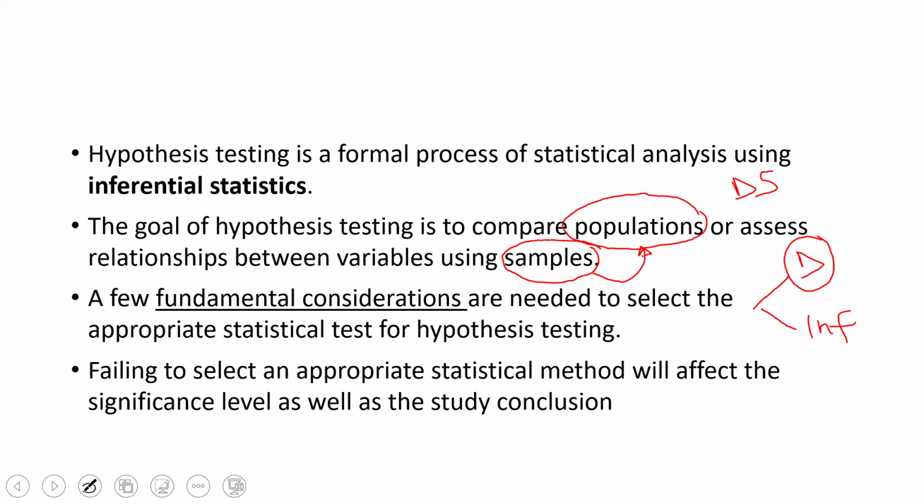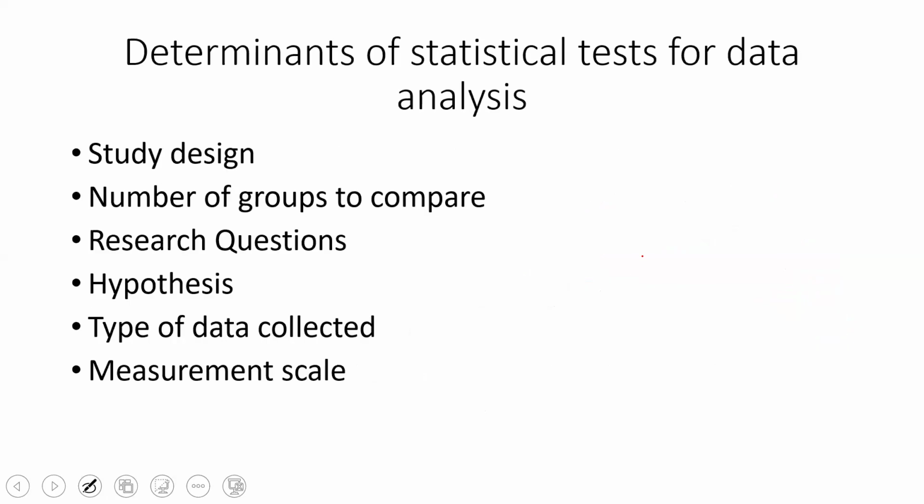There are some things we consider in selecting the appropriate test for our hypothesis. And when you don't select the appropriate test, it affects your significance and even the relevance of the study. I'm talking about the study conclusion itself. So these are some things we need to put in mind when we want to select the particular type of analysis for our data. You need to understand your study design, and I'm going to explain them as we continue.